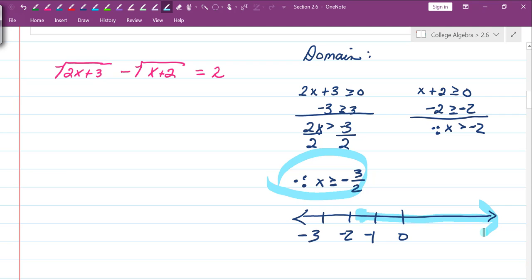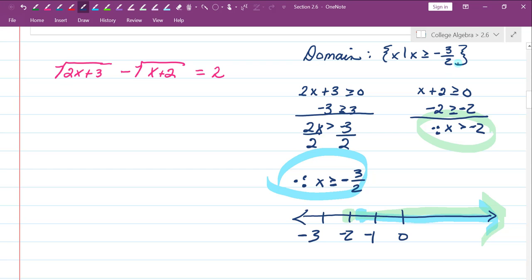The second one over here says we have to be greater than or equal to negative 2. So we're going to look at the areas that overlap, that are common to both, aka the intersection. That would then say that our domain is x such that x is greater than or equal to negative 3/2, which is the same thing as negative 1 1/2. So that is our domain.